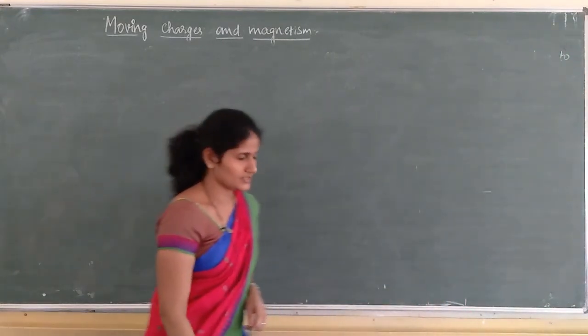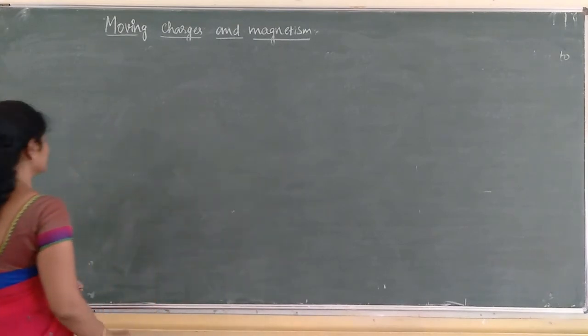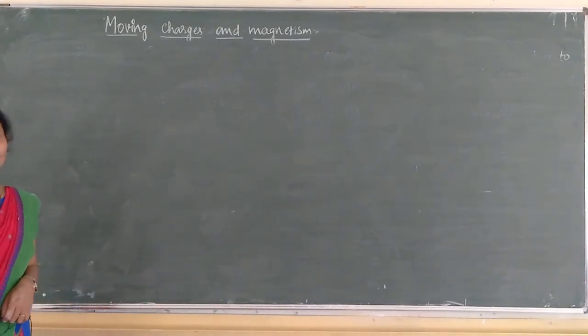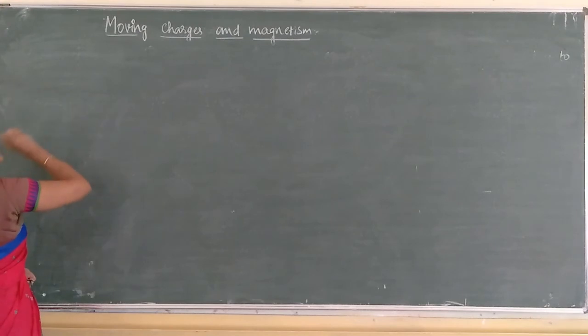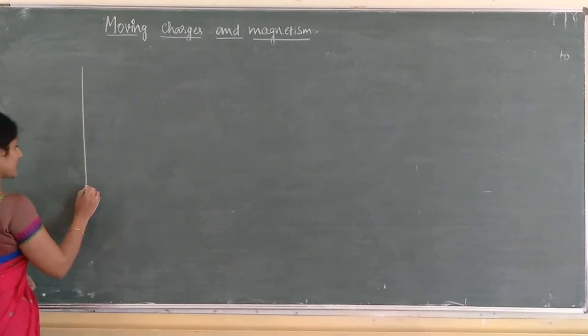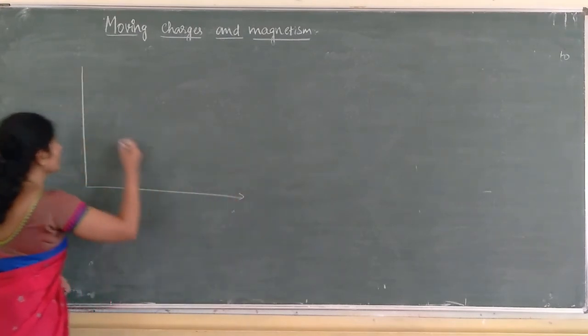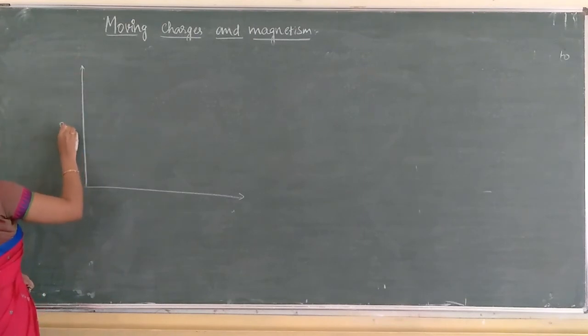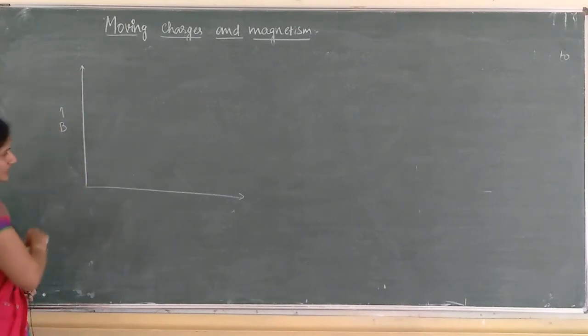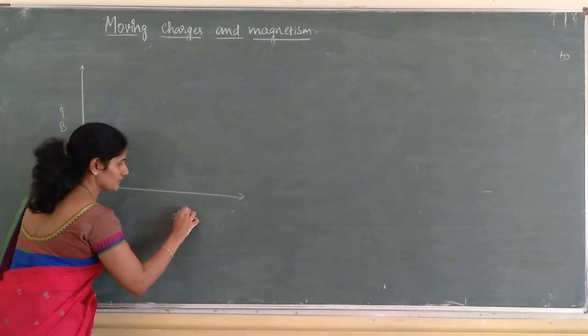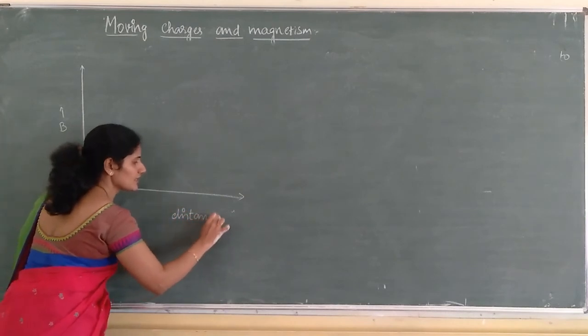Okay. Now, let us see how to represent it graphically. This is the graph showing the variation of the strength of the magnetic field, which is taken along the y axis, with the distance r.